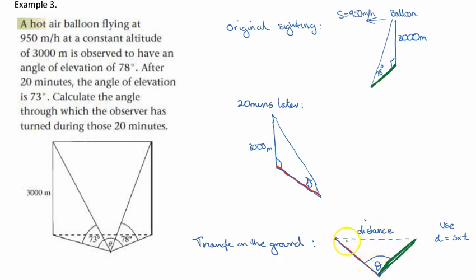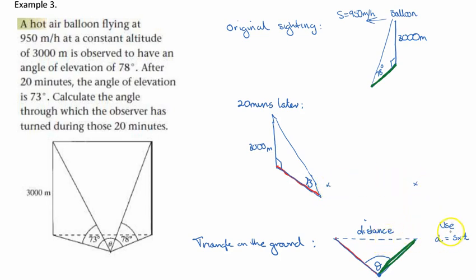However, it would be possible to find the distance that the balloon has actually travelled, and keep in mind that this dotted line would be equivalent to the distance that the balloon has actually travelled above the ground.